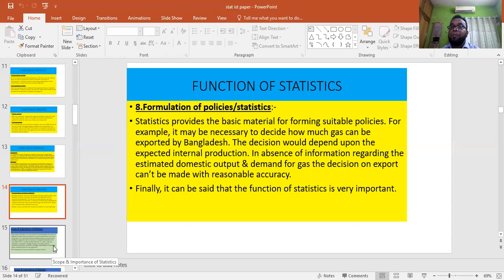In this case only can we export, so we need calculations about production, about demand, the demand of internal and external markets, and their price also. So finally, it can be said that the function of statistics is very important.